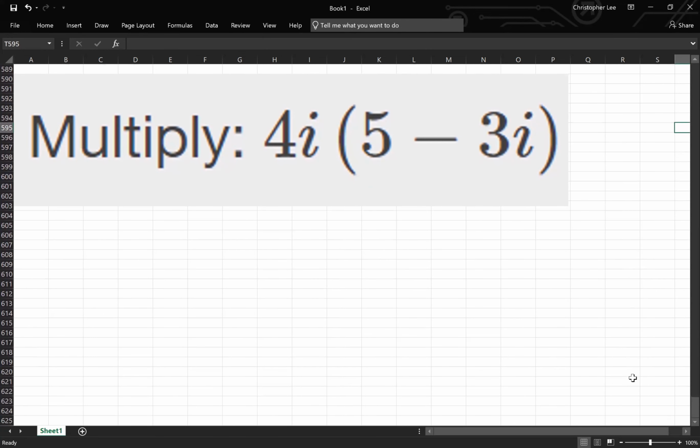X is just some random variable. I don't know why out of the 26 letters we chose x. We can't choose i because we have this, and what else can we choose? We can't use a, b, and c because that's all our formulas.